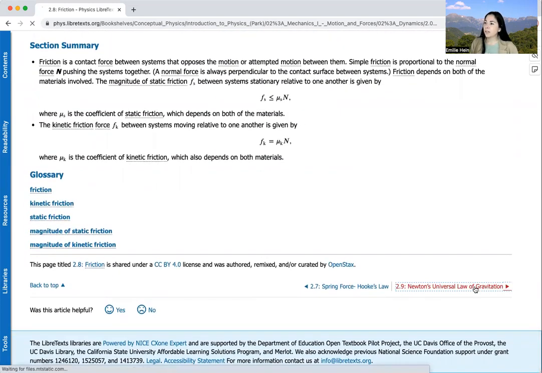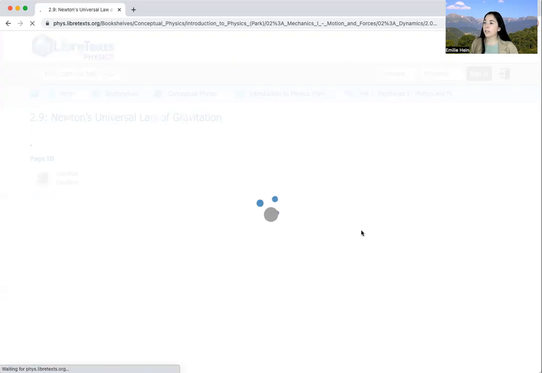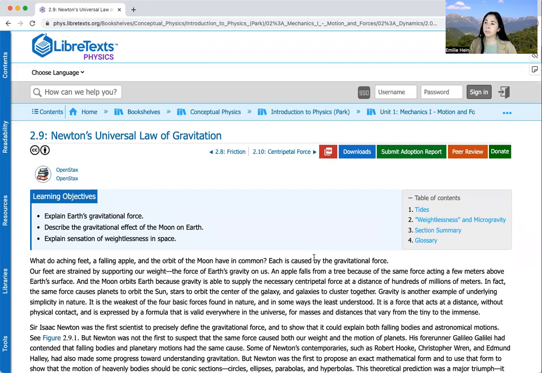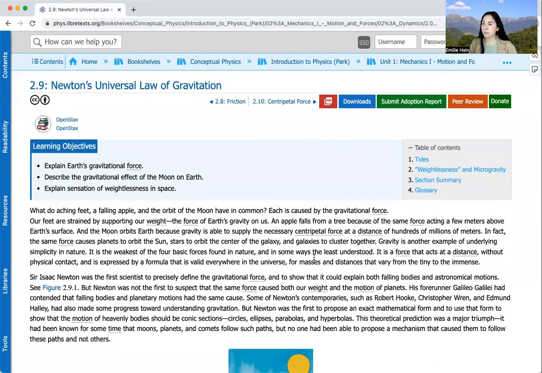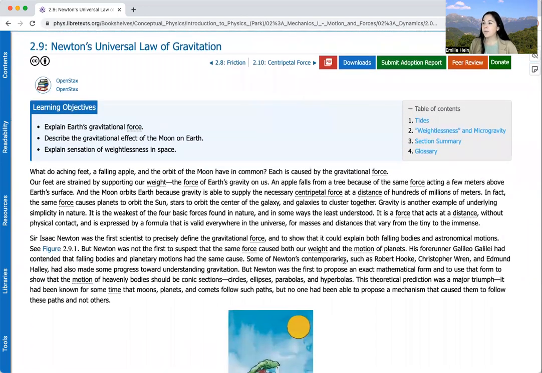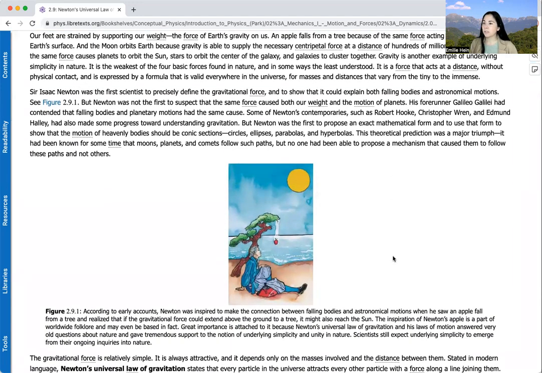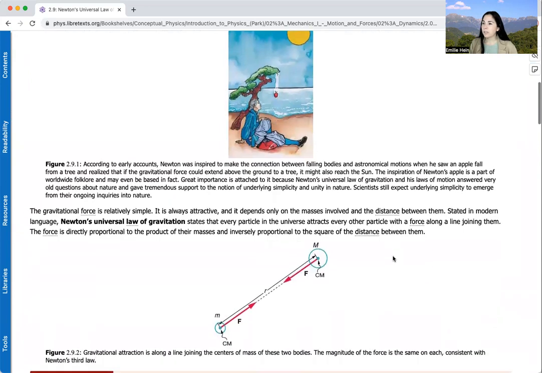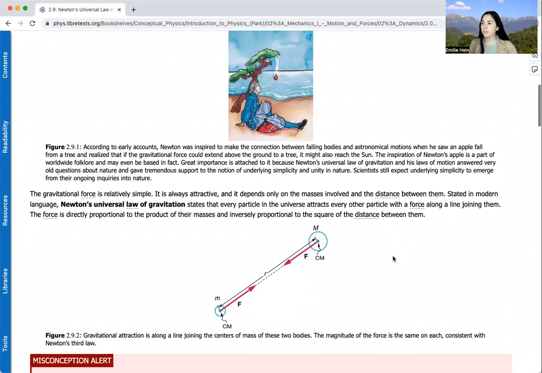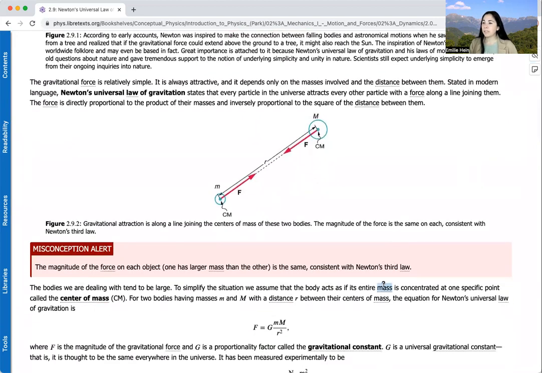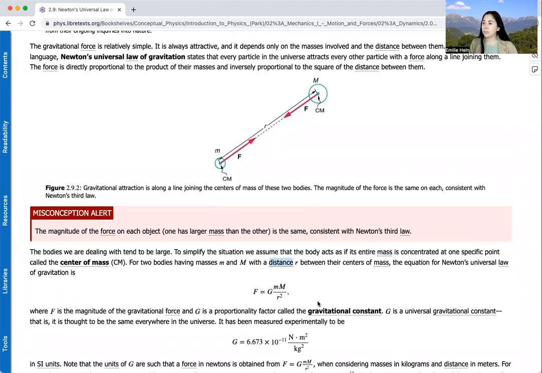Another example, and we're going at a different scale here, is the universal law of gravitation, a very important law, especially when we're looking at the motion of planets around the sun or the moon around the Earth. When we're calculating weight, as it turns out, that is all related to this universal law of gravitation. So it is stated here. This is a very important law.